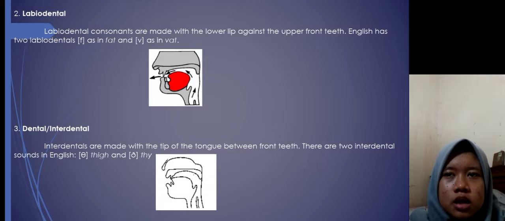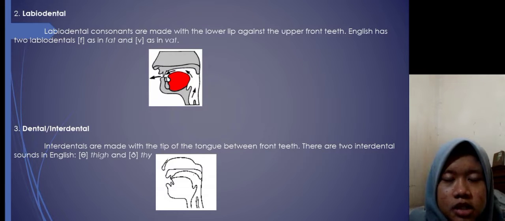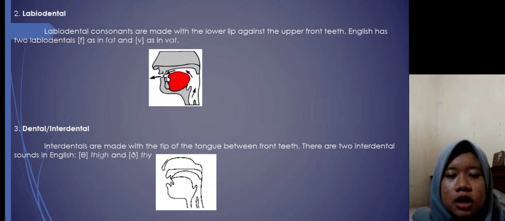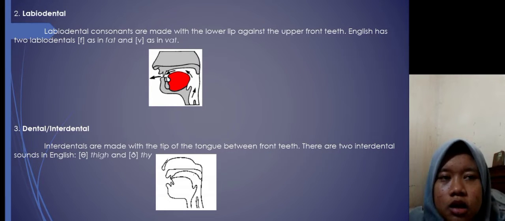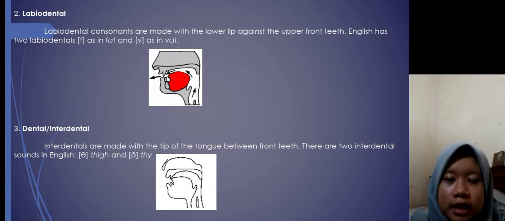For this interdental sound, the th in English words like then, that, thing, those, this, that.